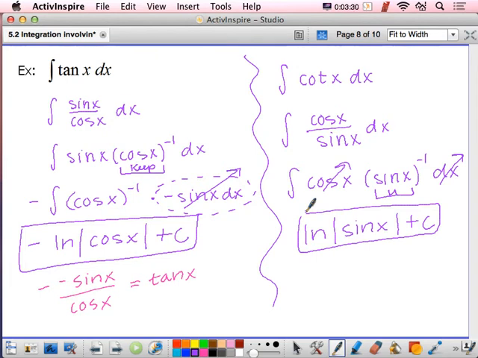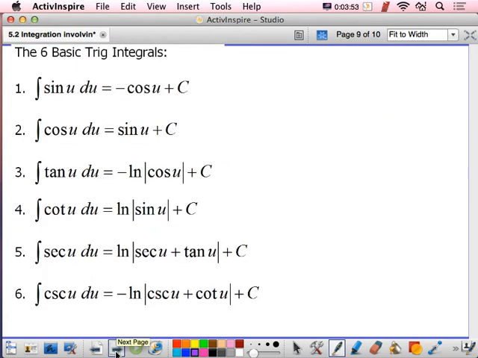But there are two that are very difficult to just figure out, because to integrate secant and cosecant requires you to make something up out of thin air, like a conjugate, when there's really not a binomial there. And so it really freaks everyone out. So the best thing you can do for secant and cosecant is just to memorize them. But as far as the others go, we already know sine and cosine. The integral of sine would be negative cosine, and the integral of cosine would be sine.